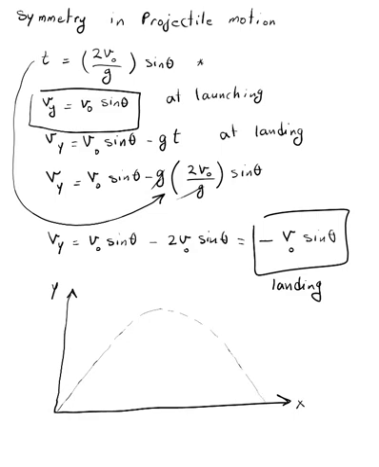Let's say at some time, the velocity has both vx and vy, and this is theta.